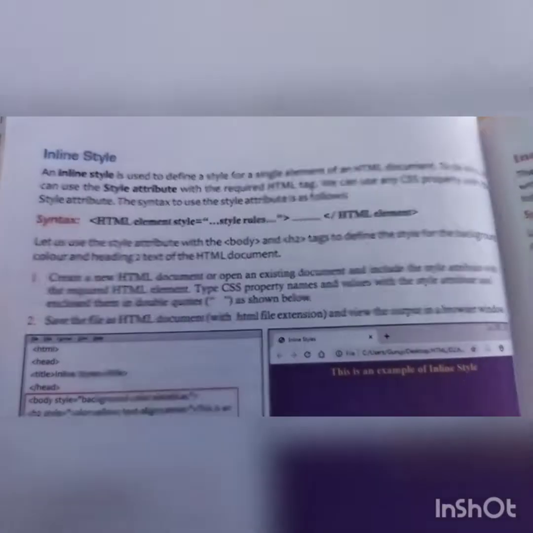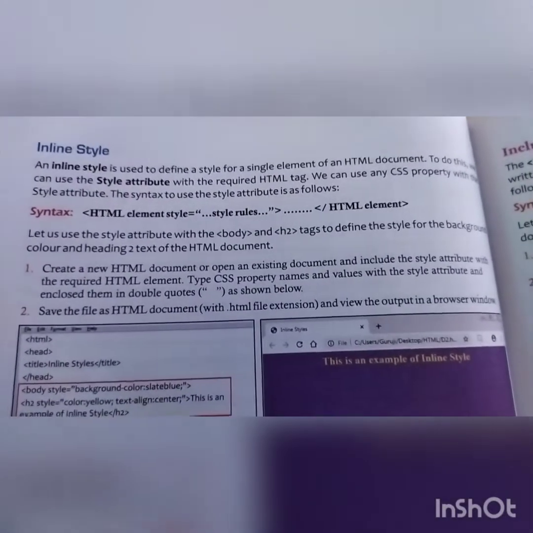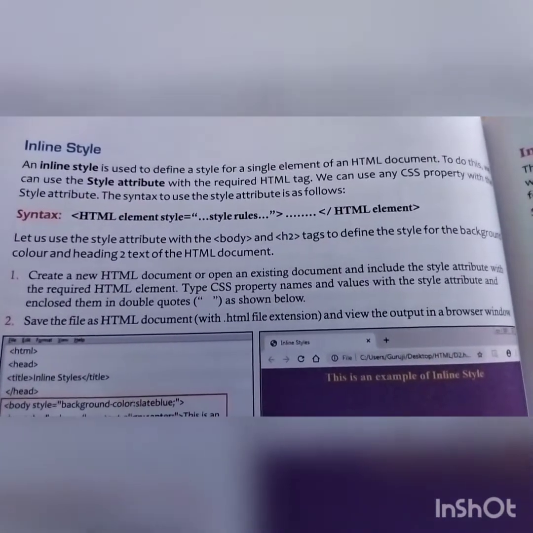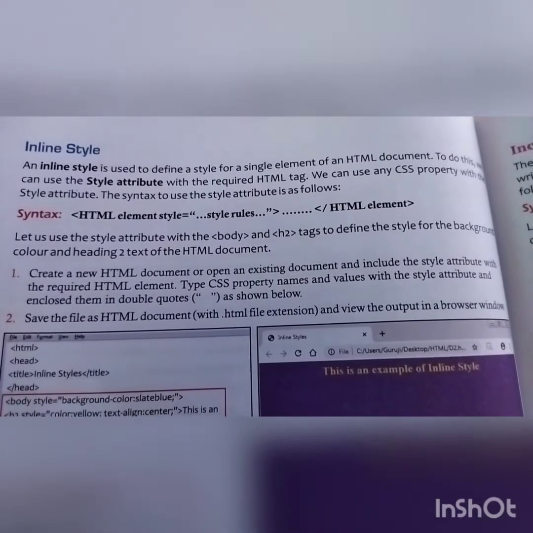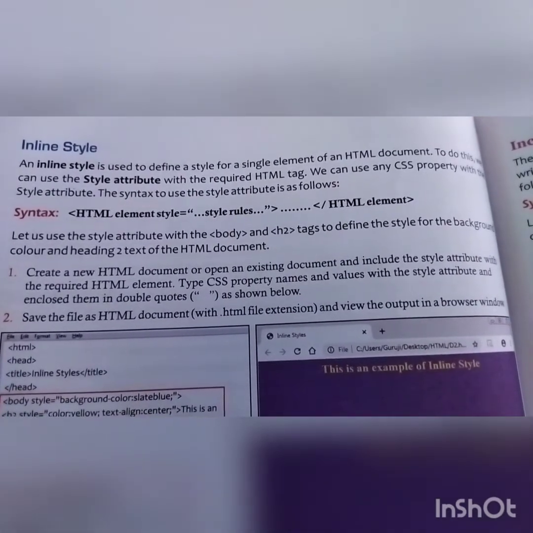Then, students, next is inline style. Inline style is used to define a style for a single element of an HTML document. You can use the style attribute with the required HTML tag.